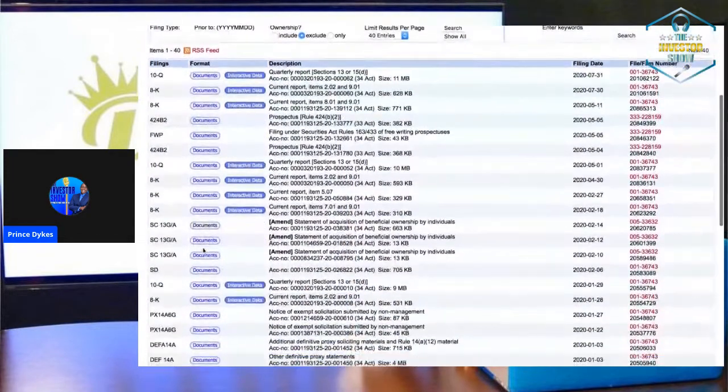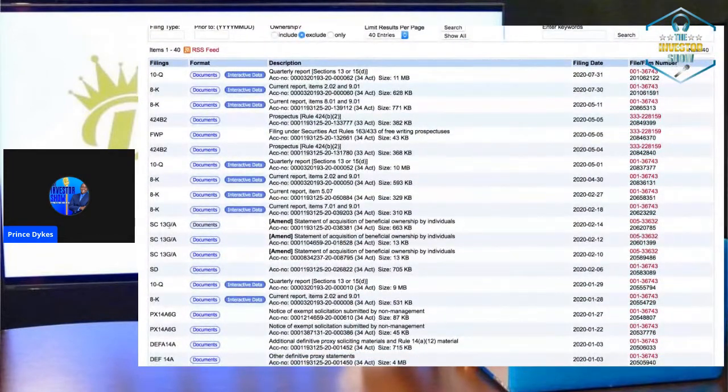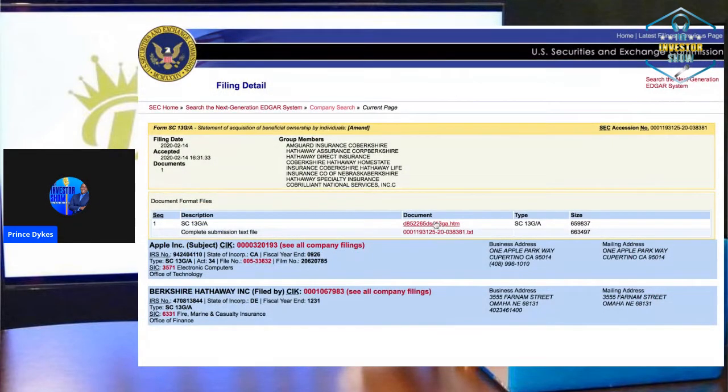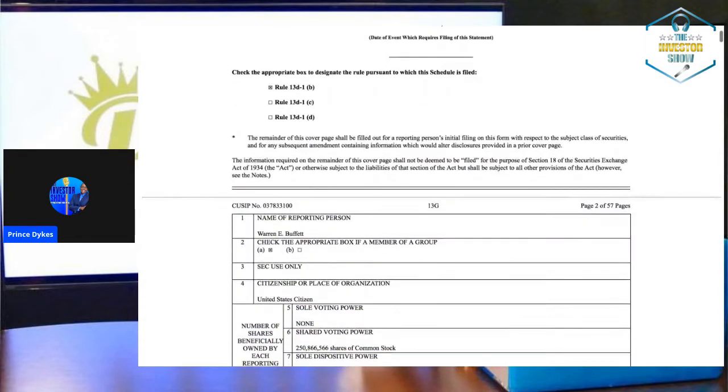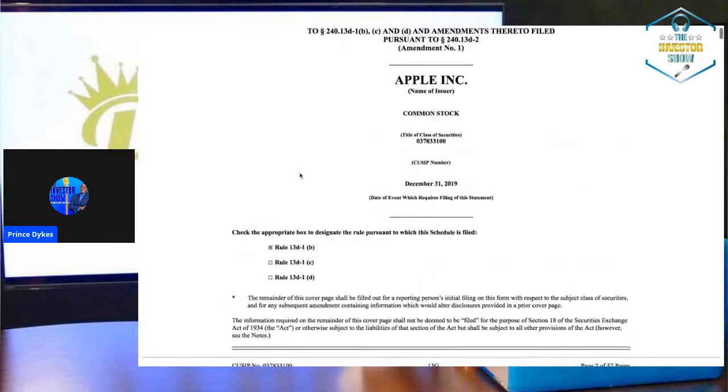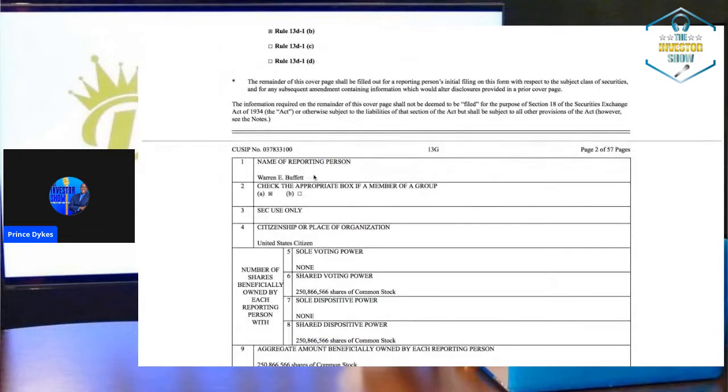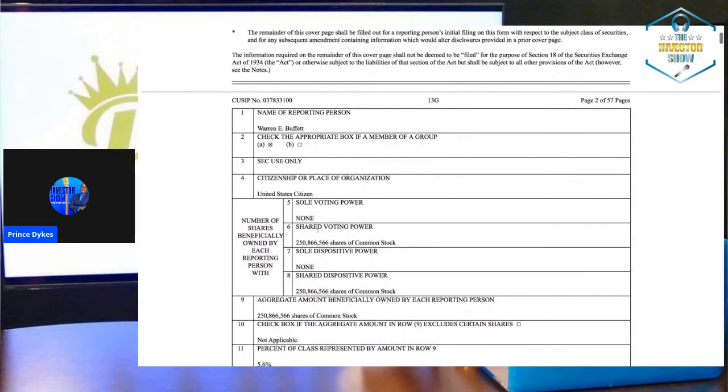We're going to scroll down to their last 13G report, right? I think they filed this one February 14, Valentine's Day of 2020. Happy Valentine's Day. So we're going to go to documents, look at the first document, the HTM, and scroll down. Who's the largest shareholder? The first name you see here is Warren E. Buffett, a United States citizen.